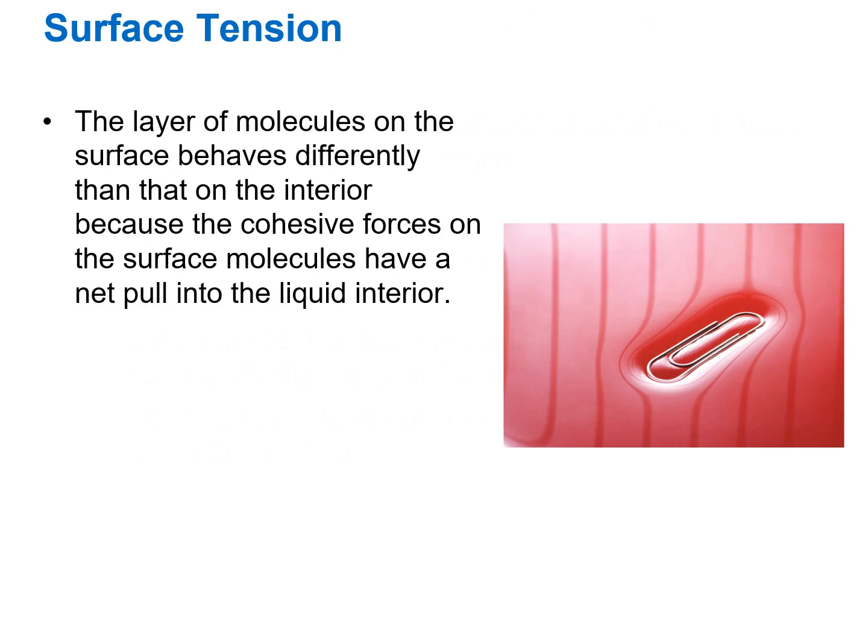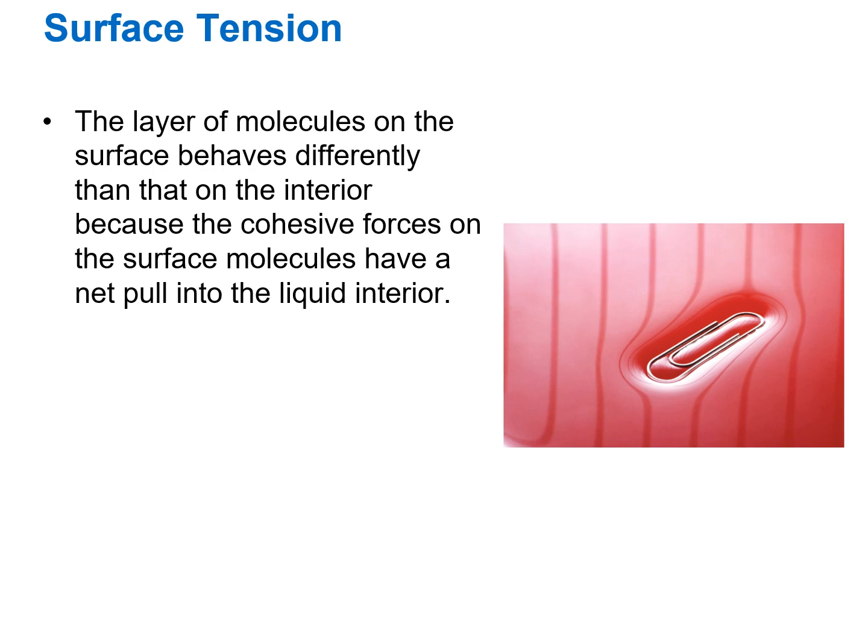Now, the layer of molecules on the surface of a liquid actually behave differently than the ones on the interior of the liquid. So the surface molecules are having a different experience than the interior molecules. And the reason why is because of the cohesive forces at play on the surface molecules.